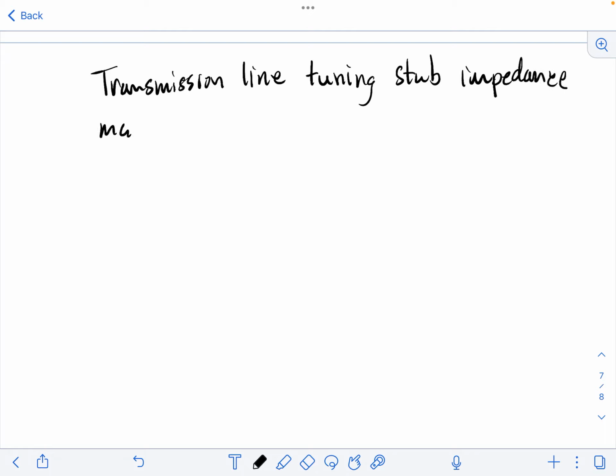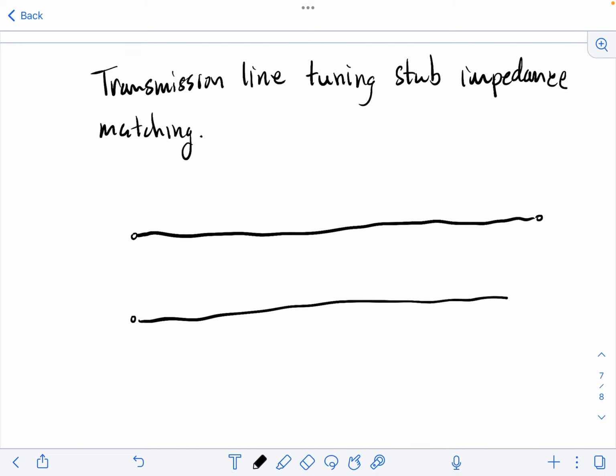So let's consider the following. Let's suppose that we have a long transmission line, and then one end is terminated with an impedance ZL. And let's say that in general that's connected to some kind of signal generator, maybe over here.